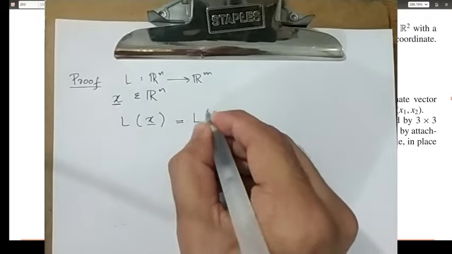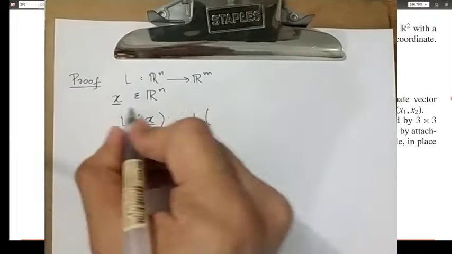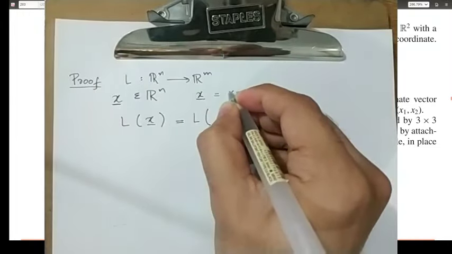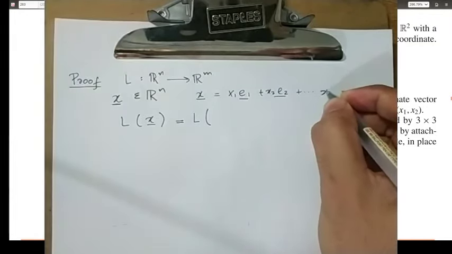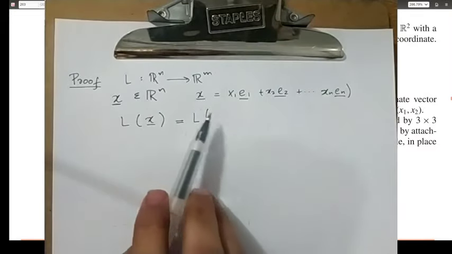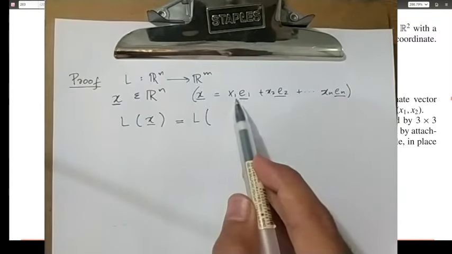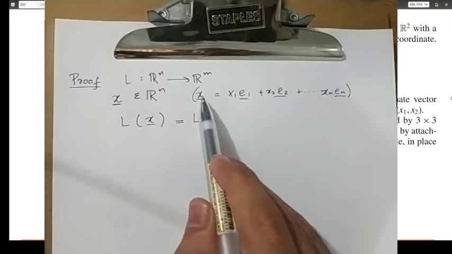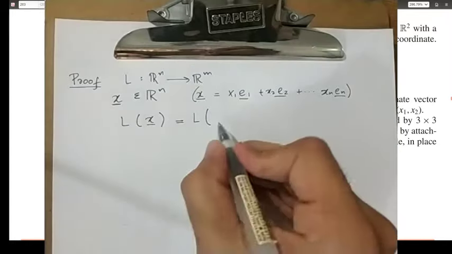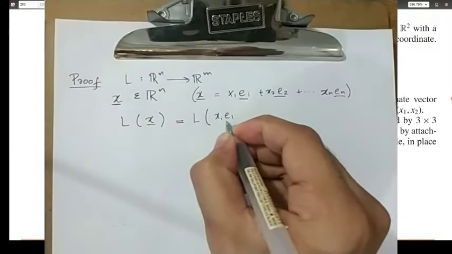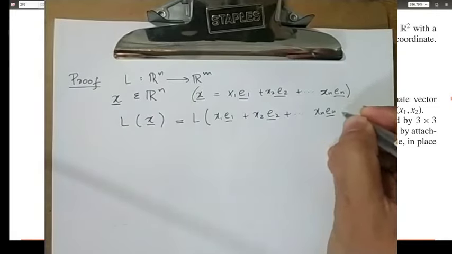Since x is a vector in Rn, you can express x as x1 e1 plus x2 e2 plus up until xn en, which is nothing but the simple statement from the definition of basis vectors: if you have a set of basis vectors, you can express any vector in that space as a linear combination of your basis vectors. So I will replace x by x1 e1 plus x2 e2 plus up until xn en.